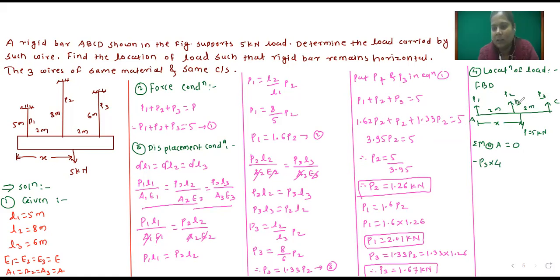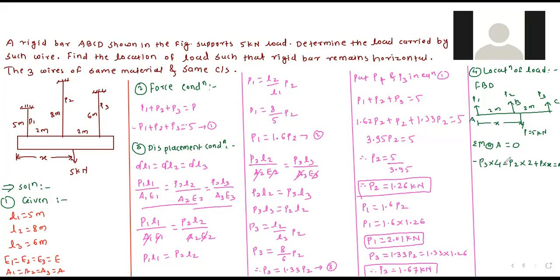Again, this P2 creates anti-clockwise moment, so minus P2 into the perpendicular distance, 2. And this P creates clockwise moment, so plus P into X, equal to 0, because this distance is unknown. So we will shift minus P3 and minus P2 to the right side. P into X is equal to P3 into 4 plus P2 into 2.